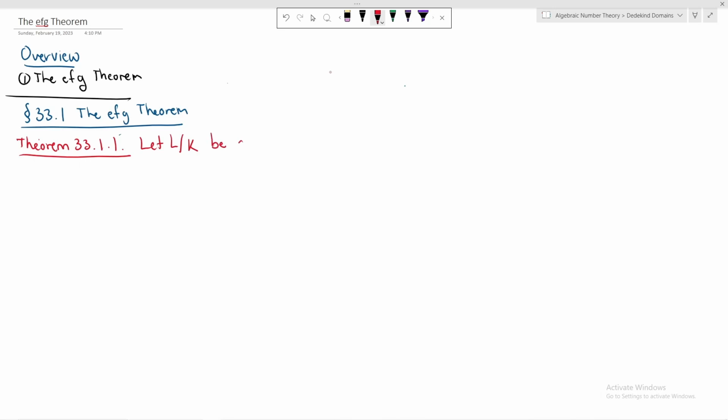So we're going to start with some degree m extension of number fields, L over K. And we're going to also start with a prime ideal P in the ring of integers of K. And we're going to suppose that the primes lying over P are these big P sub i's.